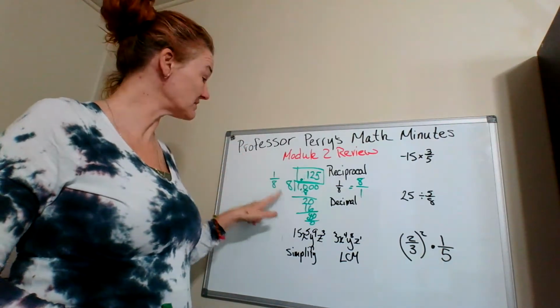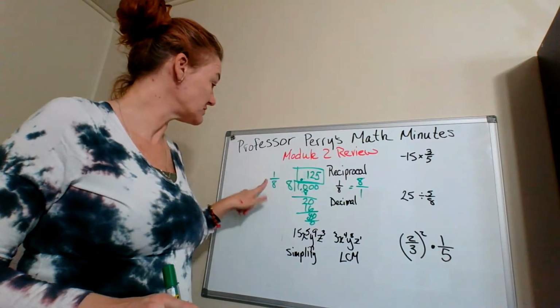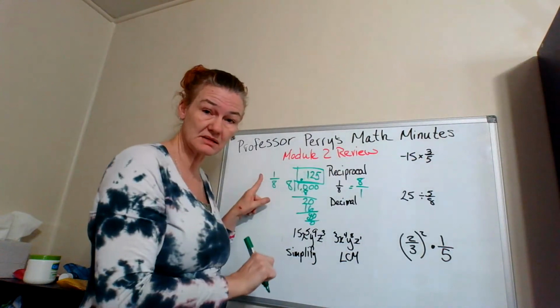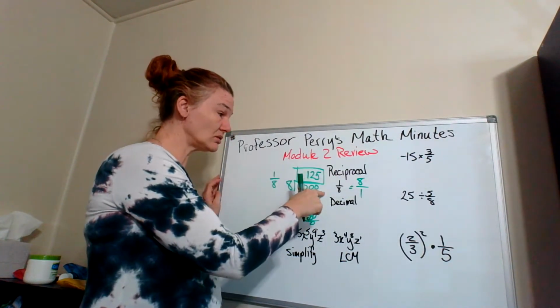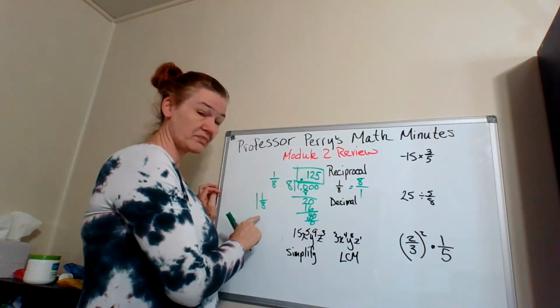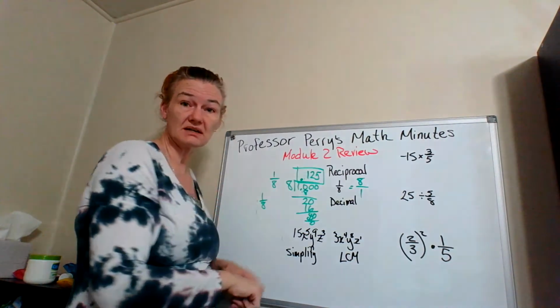If you have a fraction, not a mixed number, if you have a fraction with no whole number, you're not going to have a whole number. Everything's going to be behind the decimal. The only way you can have a whole number is if it was like 1 and 1/8. If you do not have a whole number, it is going to be a decimal.